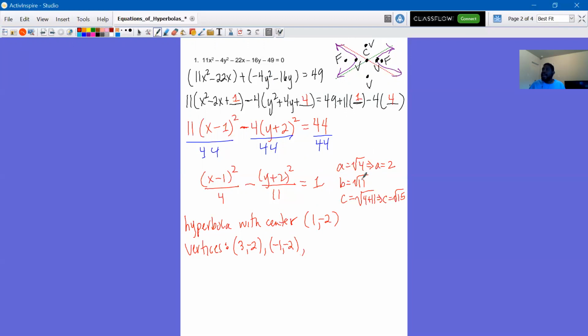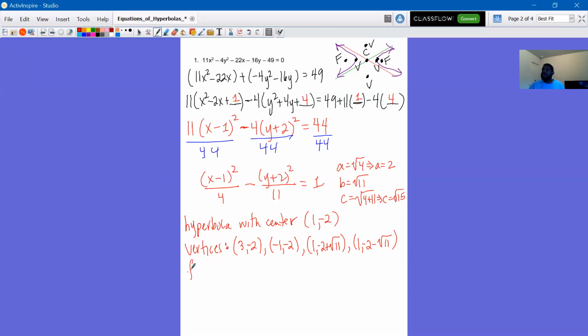Then we're going to add b to the y-coordinate of the center, and that gives us 1, -2 plus square root of 11. And we're going to subtract the b from the y-coordinate of the center, which gives us the other vertex, 1, -2 minus square root of 11.